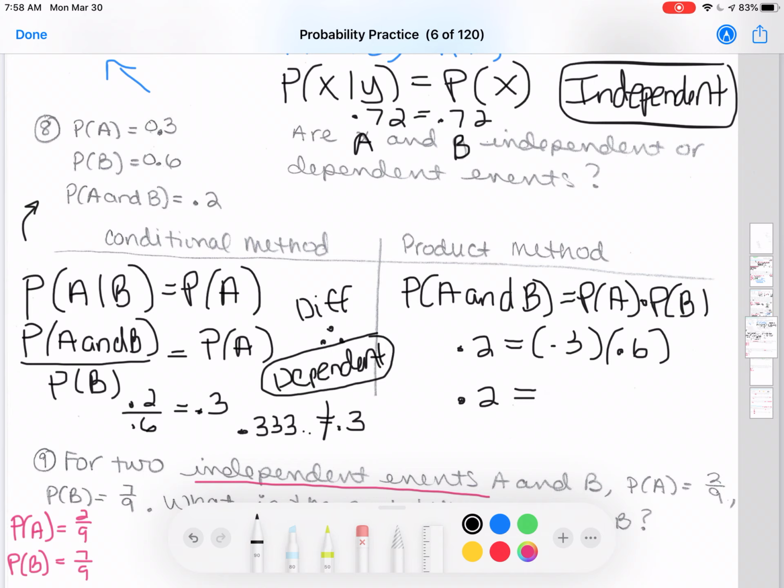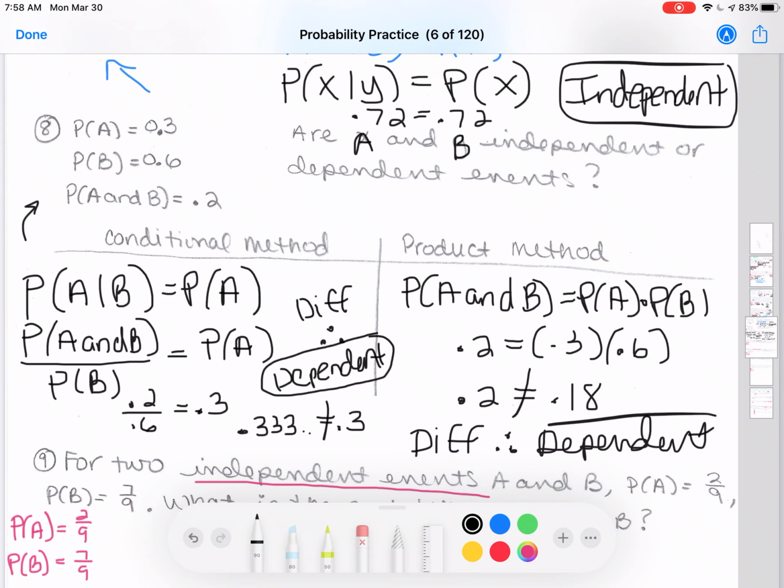So 0.2, does that equal 0.18? No. So they're different, therefore dependent.